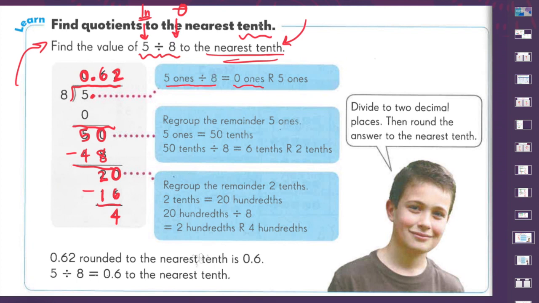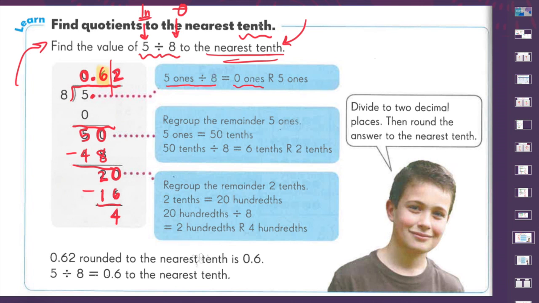Now, because this says rounded to the nearest tenth, okay, that means they want us to come up with an answer that is in the tenths place. Now, why did we divide into the hundredths? Well, because we need to use the hundredths place to know whether we need to round up or leave it.